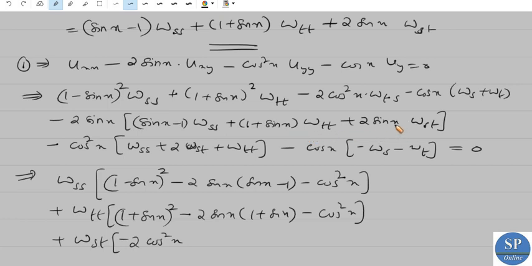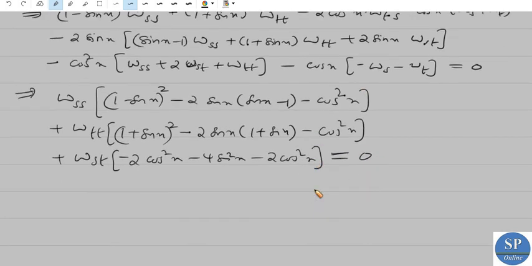From this we have minus 4 sin square x, and here minus 2 cos square x, plus the coefficient of this. Then we have minus cos x into (w_s plus w_t) and plus cos x into (w_s plus w_t), so we can cancel these terms, which is equal to 0.